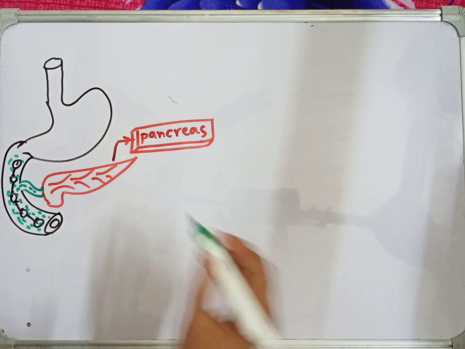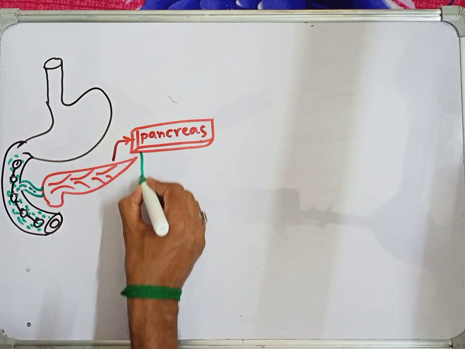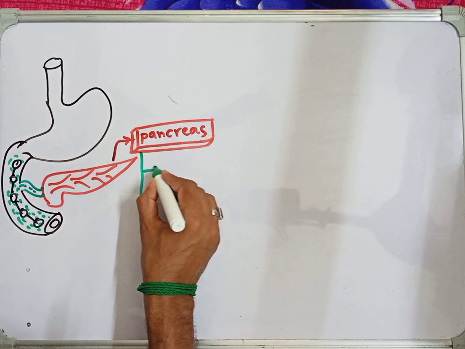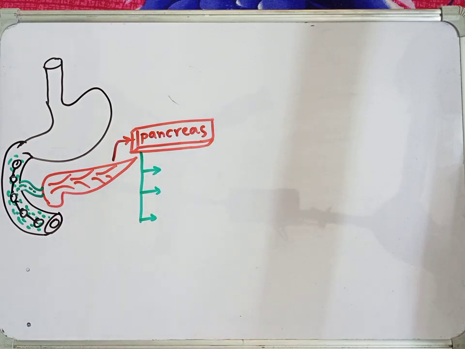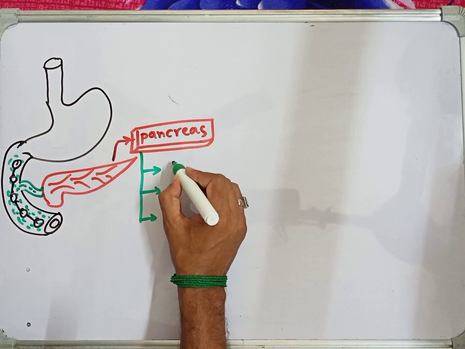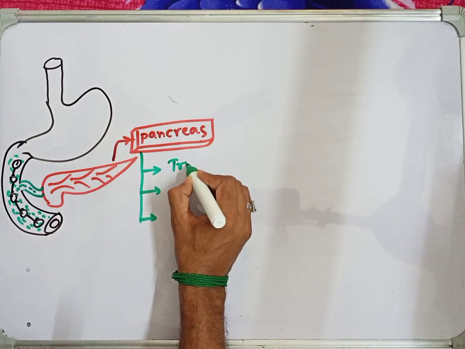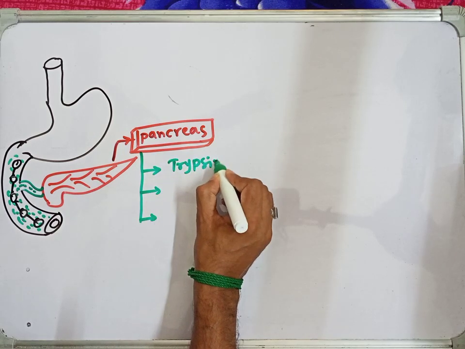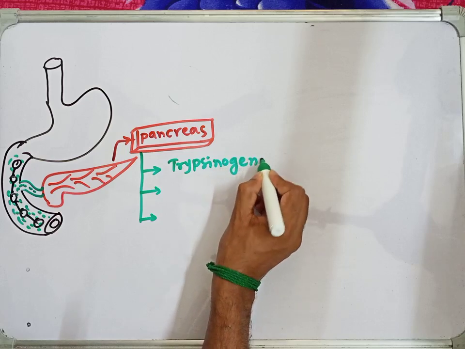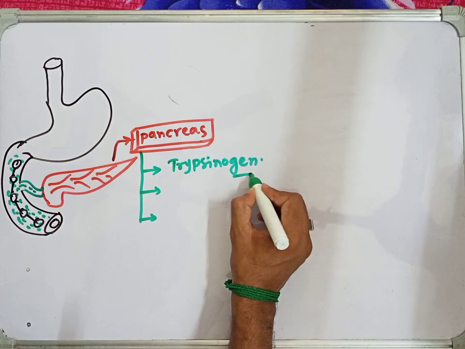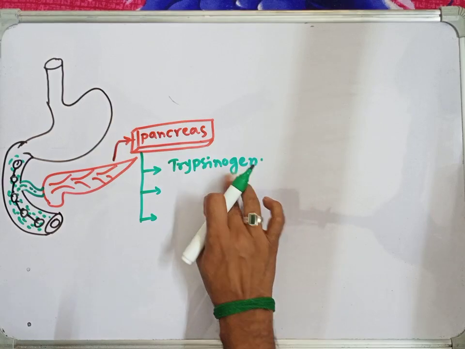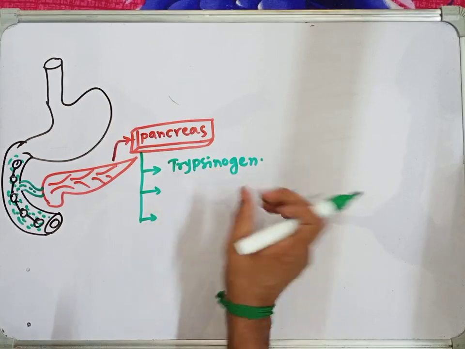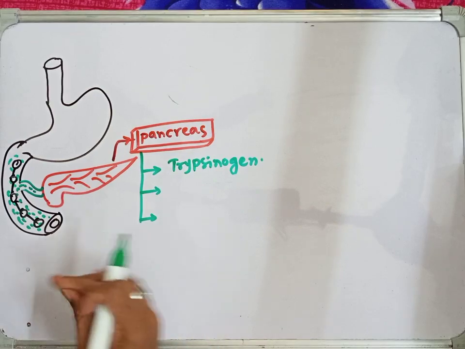Now you have to focus on the pancreatic enzymes. First of all, the pancreas releases a set of enzymes for the digestion of protein. First of all, it releases trypsinogen, right? And "gen", you know my dear, is actually the symbol of an inactive enzyme, right?